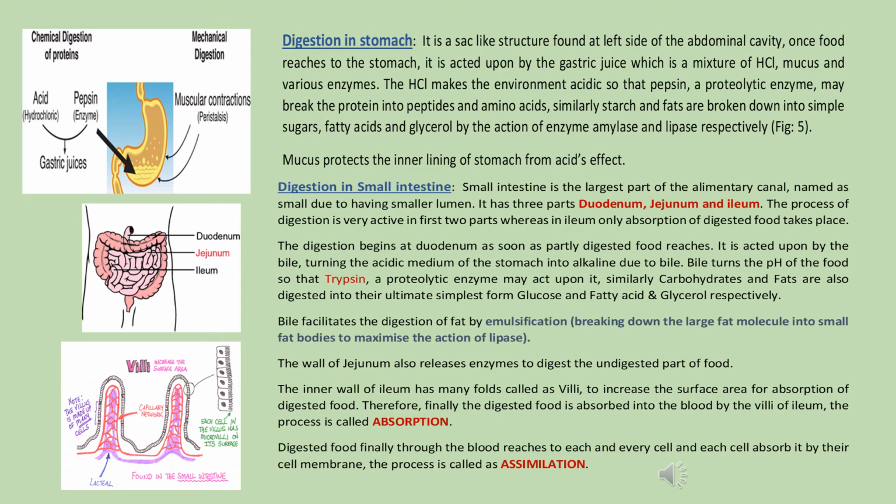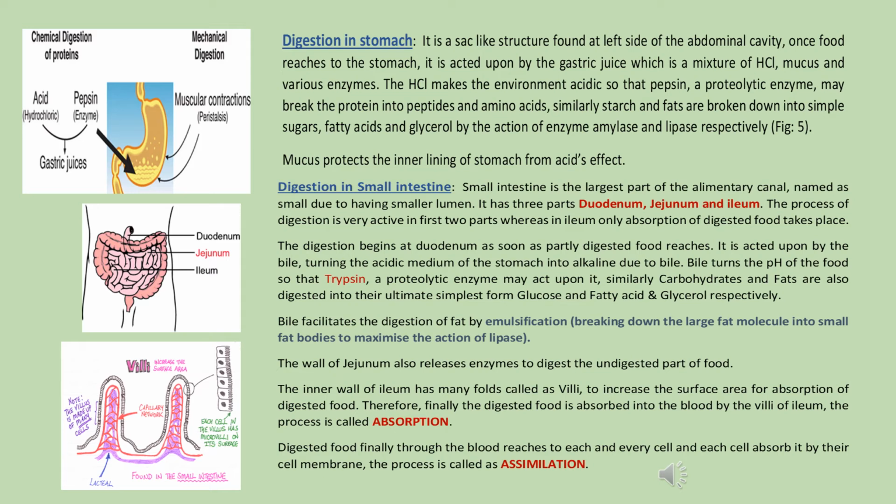It breaks up into peptides and amino acids. Fats are digested more properly, as under the influence of bile, the large fat molecules are broken into small fat droplets so that the lipase enzymes can digest them properly. Similarly, the carbohydrates are further digested into simple sugars.